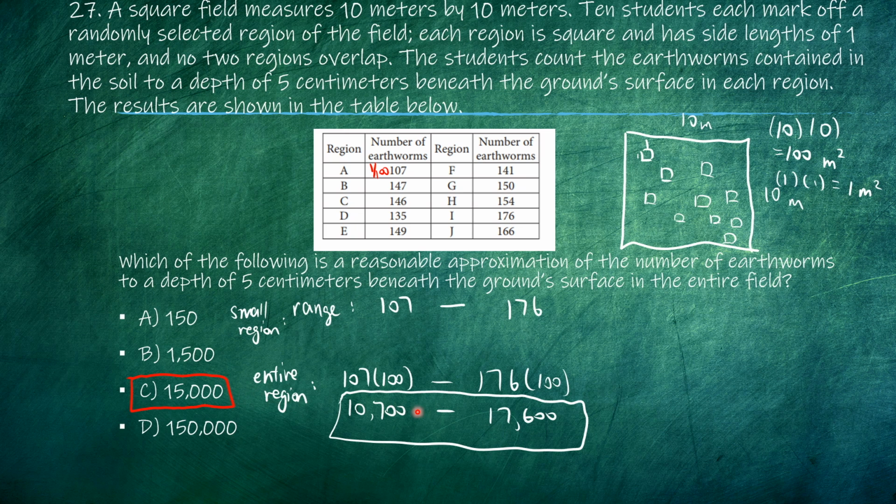So answer C is somewhere in the middle, and that's one reasonable approximation, as it doesn't make sense if one small region has already 100, the entire field cannot be around 150. Same goes for B, and D is just too much, it's an overestimation.